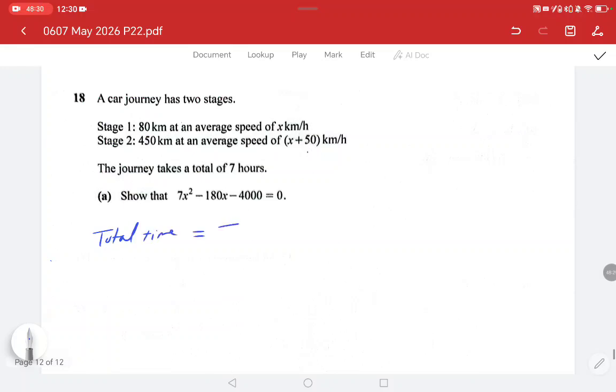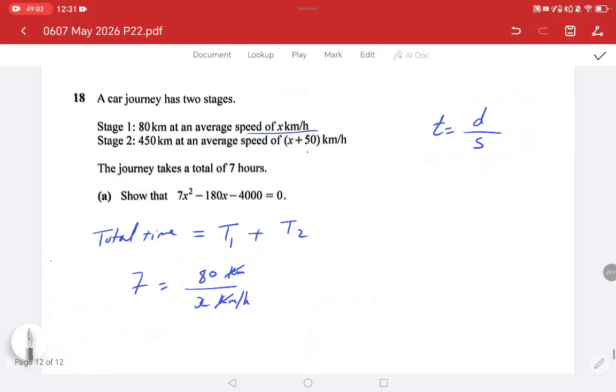To find the total time, it equals the time of the first stage plus the time of the second stage. The total time is 7. The time of the first stage, time is distance over speed. So the distance is 80 kilometers, sorry, it's a distance, divided by the speed x kilometers per hour.